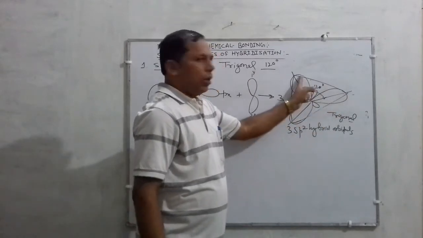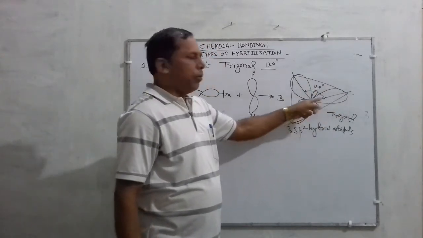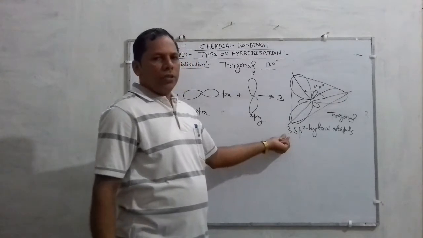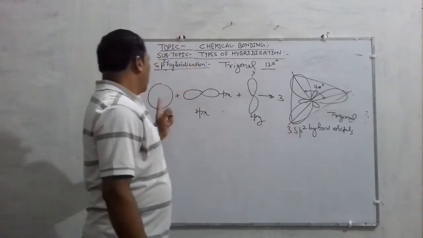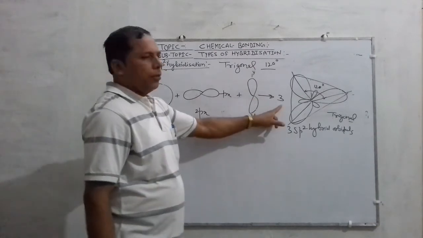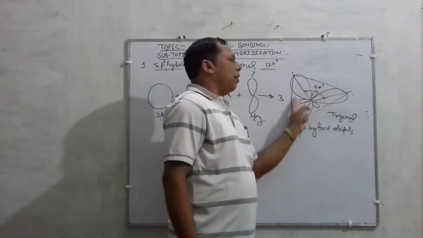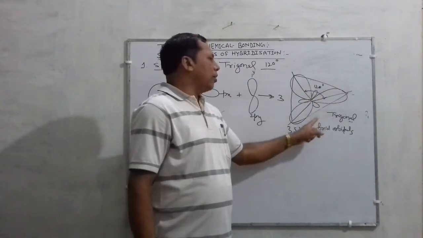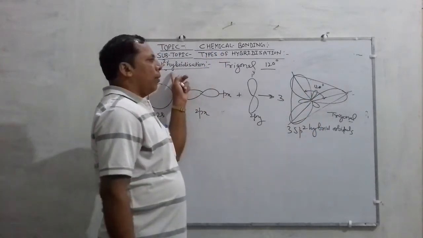Such a type of hybridization is called sp2, in which one s and two p orbitals take part, resulting in the formation of three new orbitals of equivalent energy, leading to sp2 hybridization.